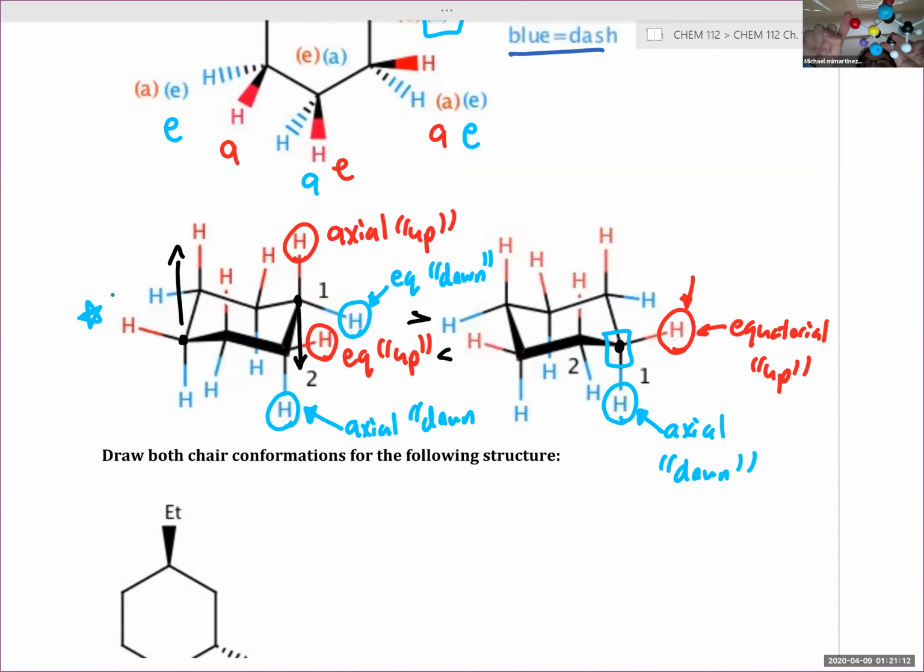And by the exact same token, our blue hydrogen, which is dashed, is it now axial or equatorial? Axial, yep. But is it still pointing down? Is it still below the plane of the page? Yep, exactly right. Does that make more sense now?